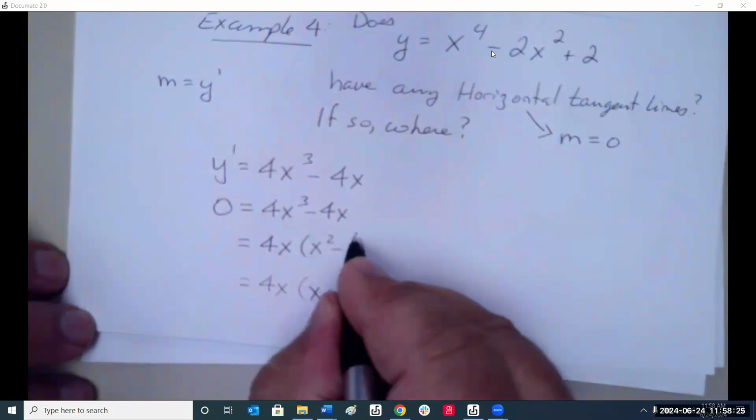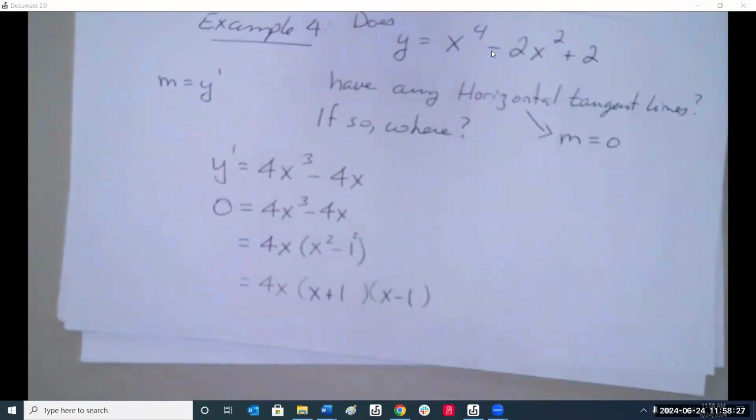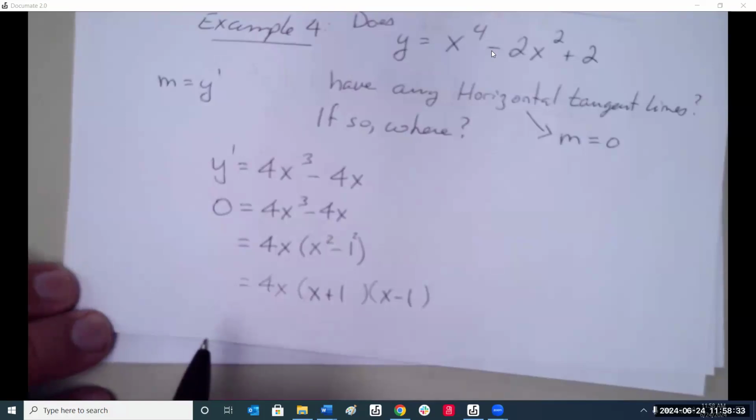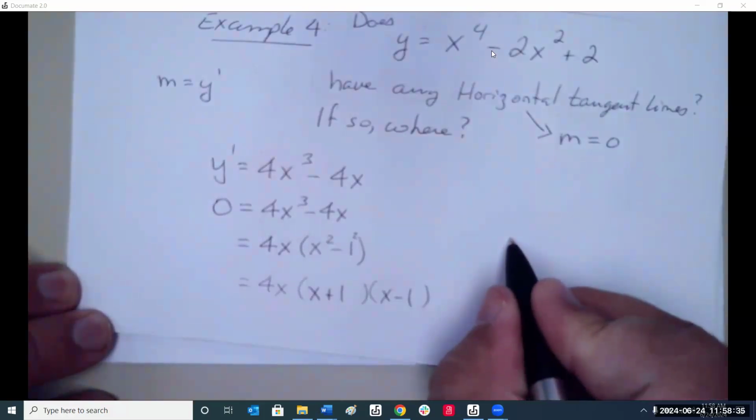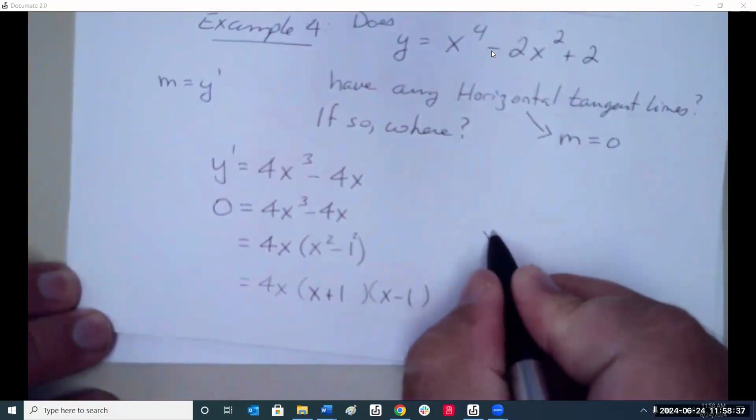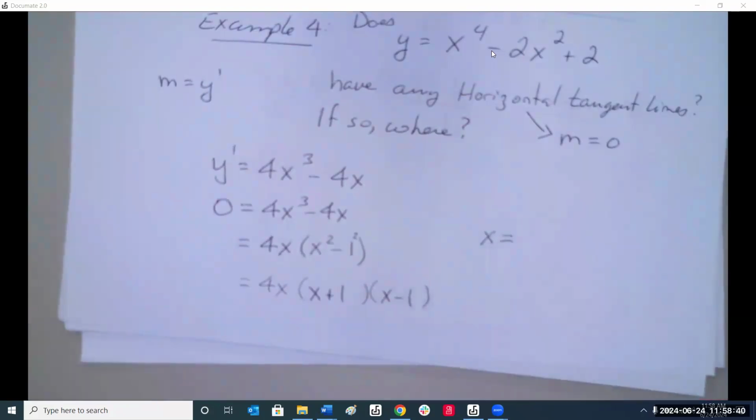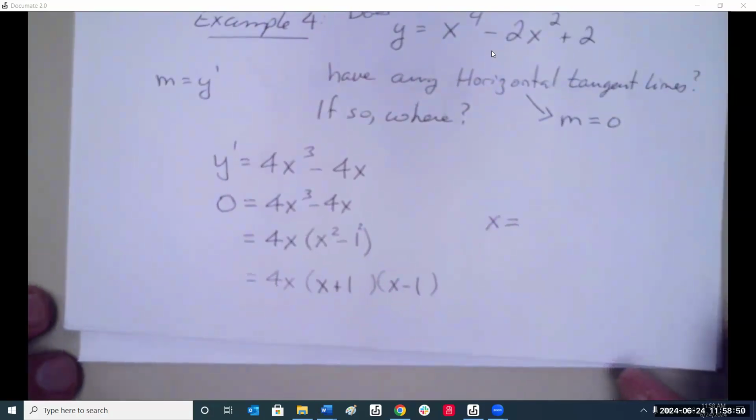This is a difference of two squares. So my zeros are where? Nope. It's not the answer. You're close, but not the answer.